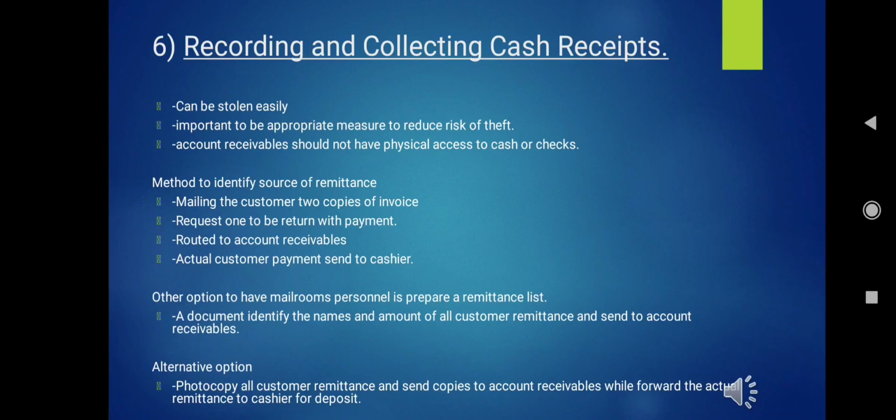Dan cara, the method to identify source of remittance is by mailing the customer 2 copies of invoice, dengan menghantarkan kepada customer dalam bentuk email 2 kopi invoice yang mereka telah order ataupun telah pesan terhadap barang mereka.